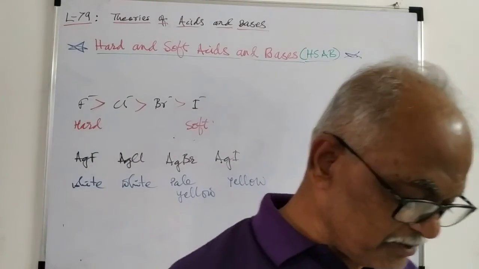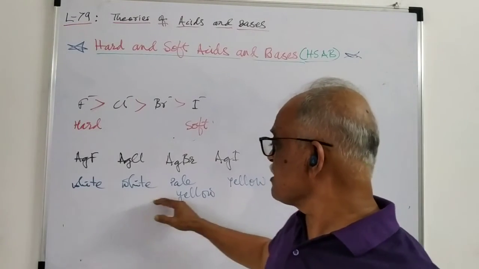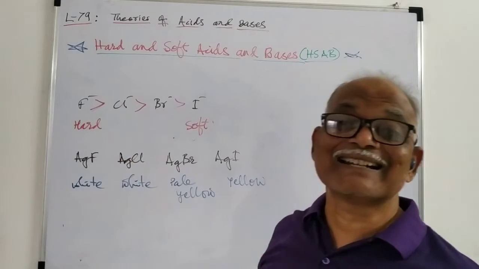So in this way we can have the colors. We can explain these colors on the basis of their hardness.